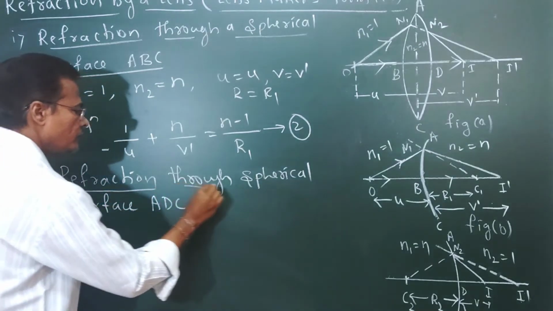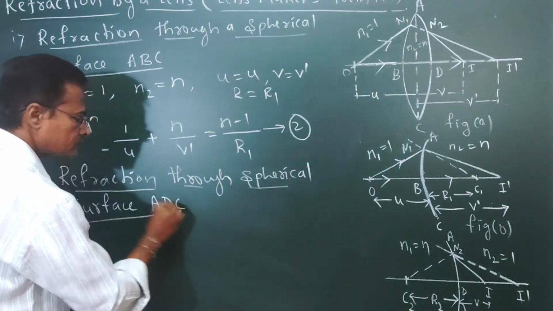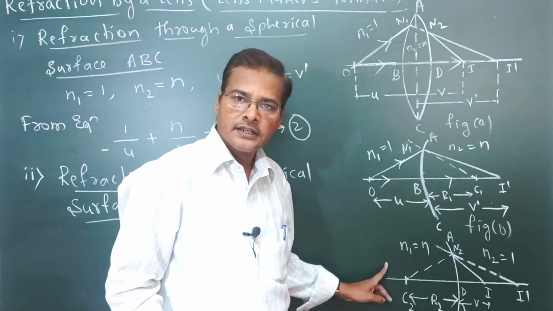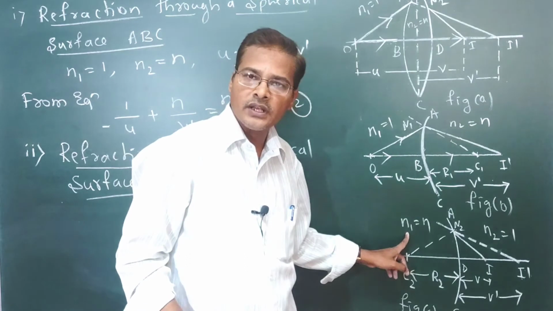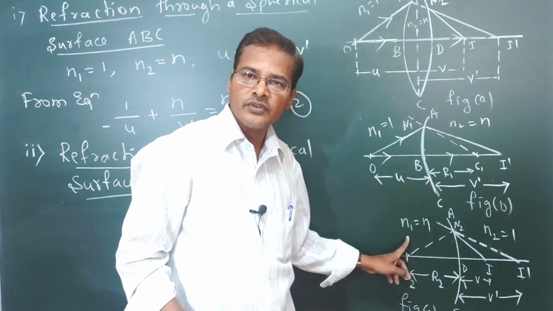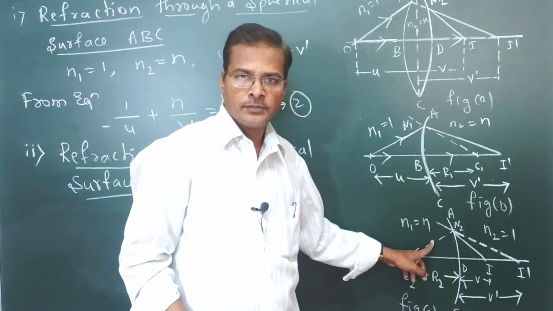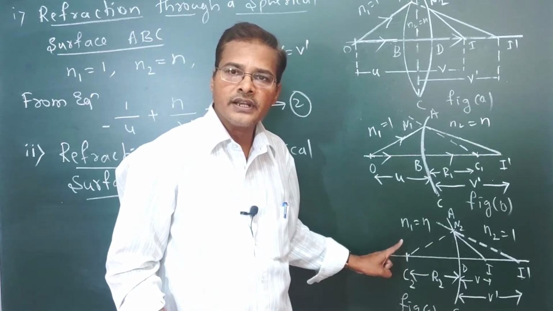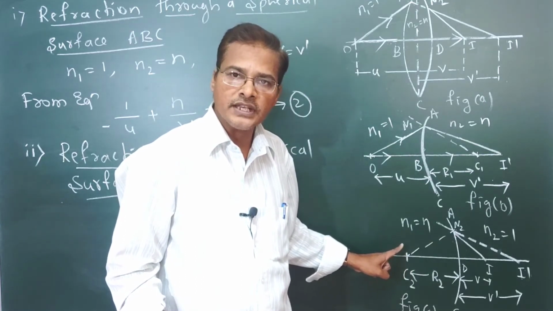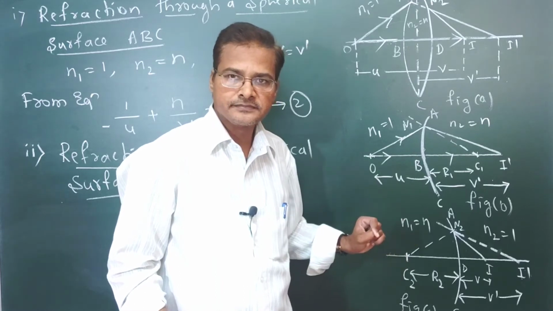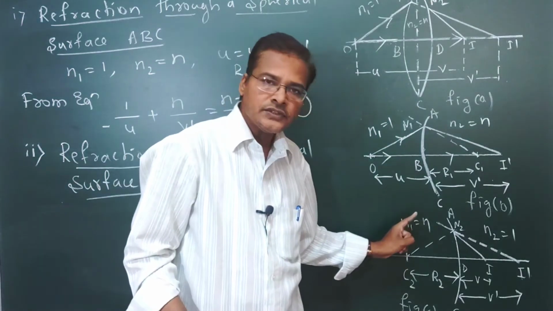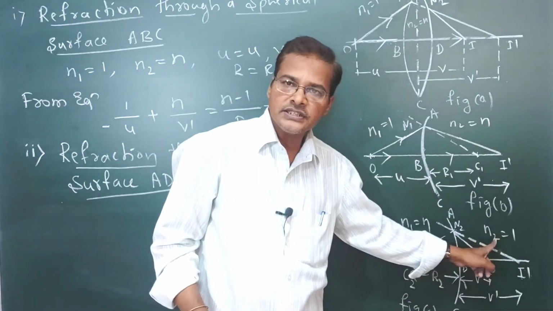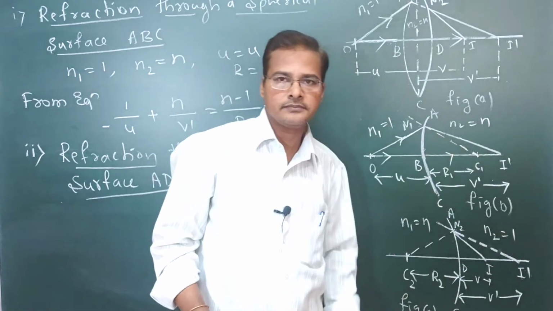First we are going to substitute the values here. This is a virtual object. For the refractive index N1, here I consider N1 equal to N, because the refractive index of the object is N. When a ray passes from the denser medium to the rarer medium, the refractive index N2 is equal to 1.